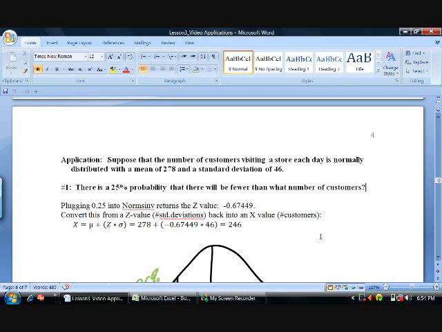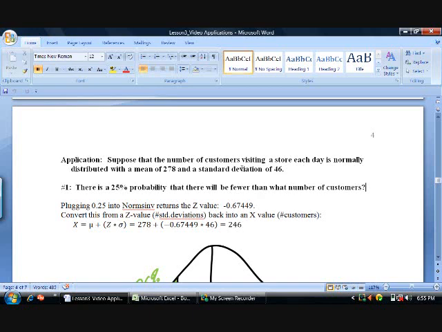Okay. Again, we're working with z distribution, so I'm going to find a z value first. Then I'm going to convert that back into an x value, a number of customers. These are x's. This has a mean of 278, not 0. It has a standard deviation of 46, not a standard deviation of 1.